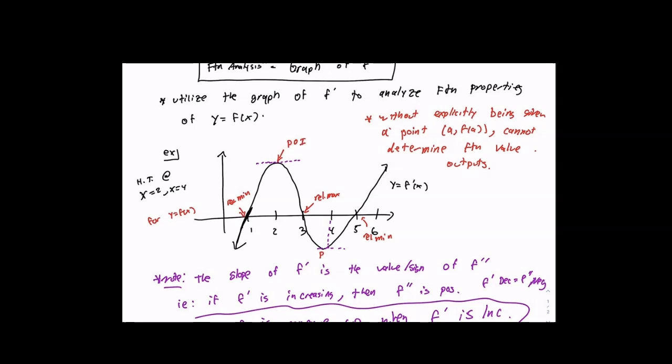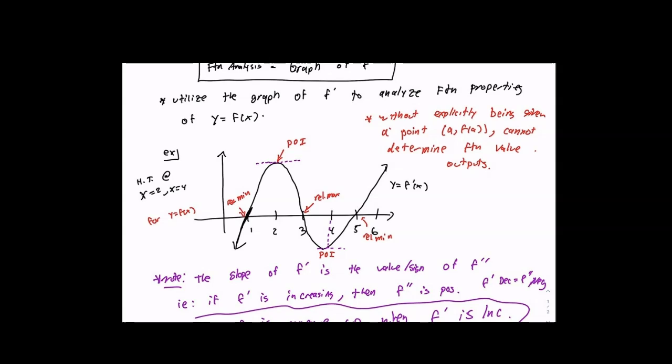And x equals 4 will be a point of inflection for the function f. Remember, the whole trick here is that you're analyzing the properties of the function f. In this case, though, you're not given the equation of f or the equation of f prime. You're given the graph of f prime.